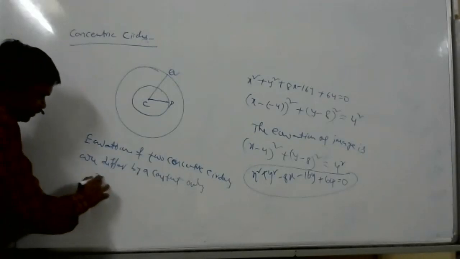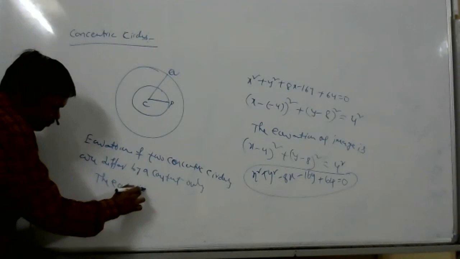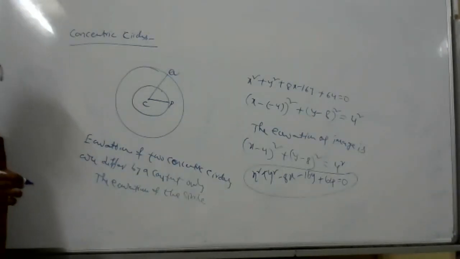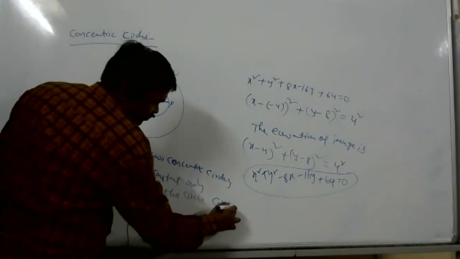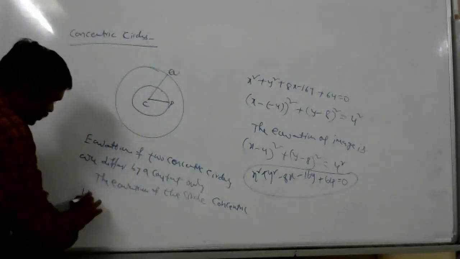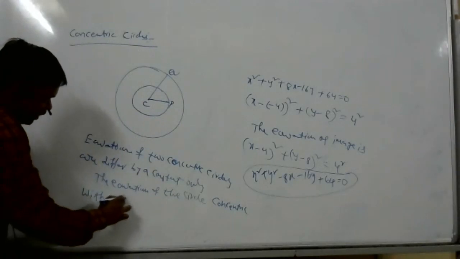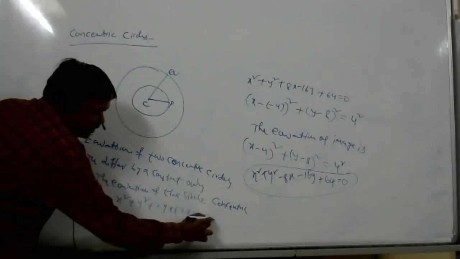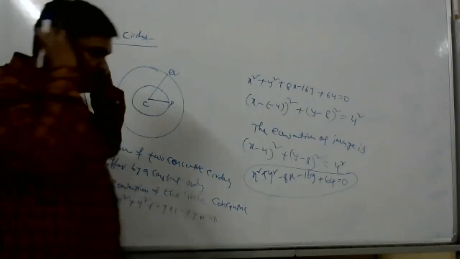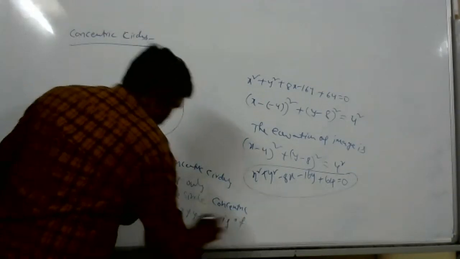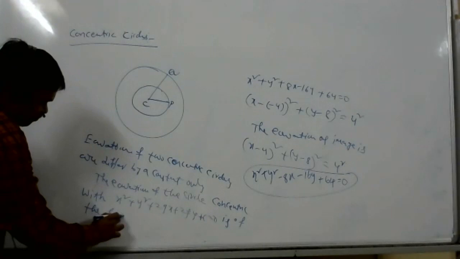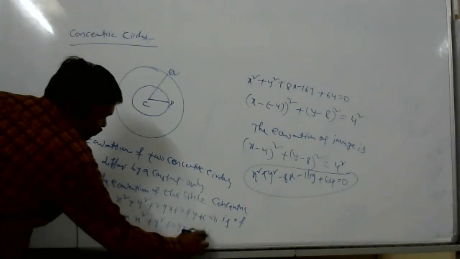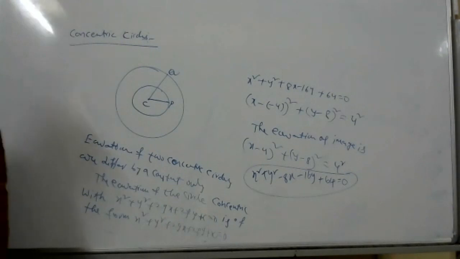The equation of the circle concentric with x square plus y square plus 2gx plus 2fy plus c is equal to 0 is of the form x square plus y square plus 2gx plus 2fy plus k is equal to 0, where k is constant.